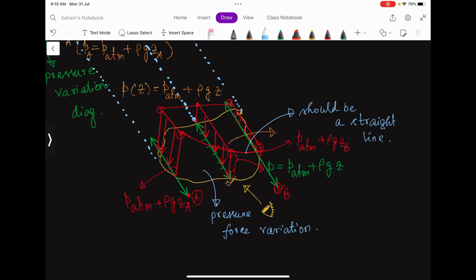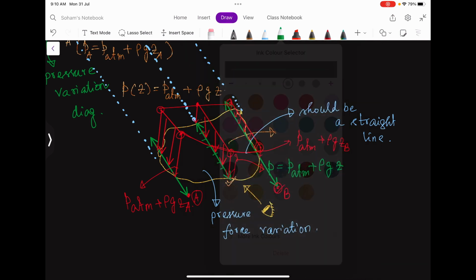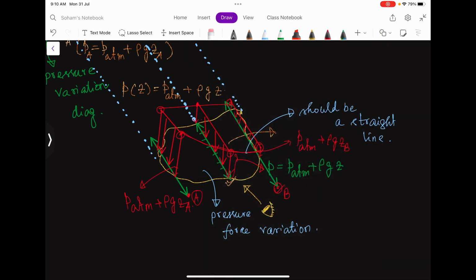Now I want to replace this force variation by a single force. I have the same surface, but now I want to replace all this pressure variation by a single force, and let me say that the force is acting through this point. As the pressure always acts perpendicular, sorry, again I am making the same mistake.